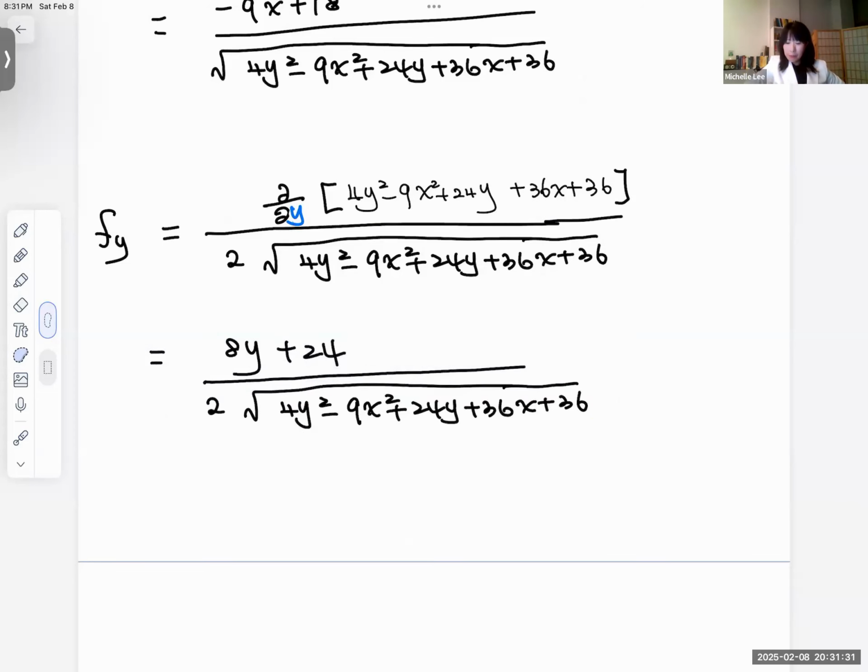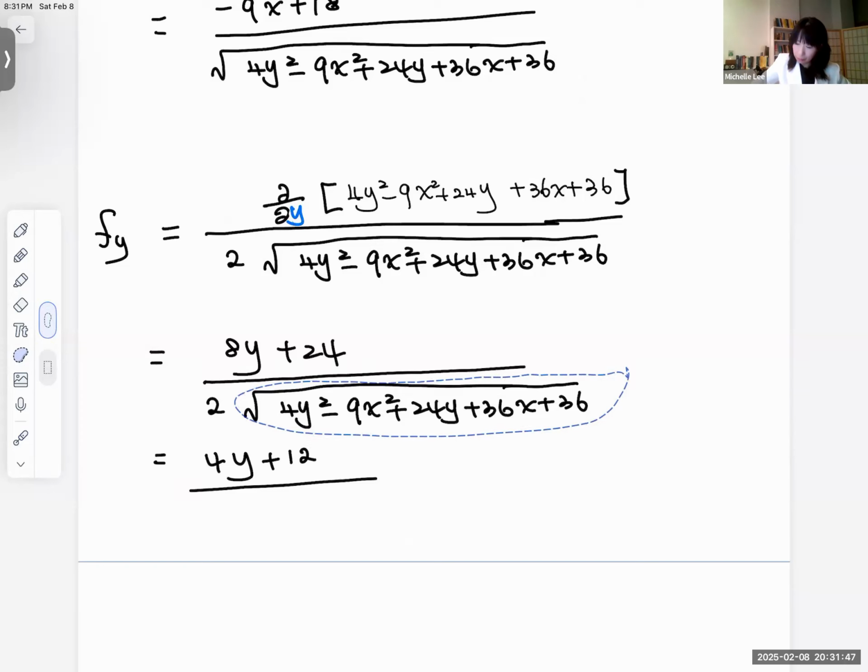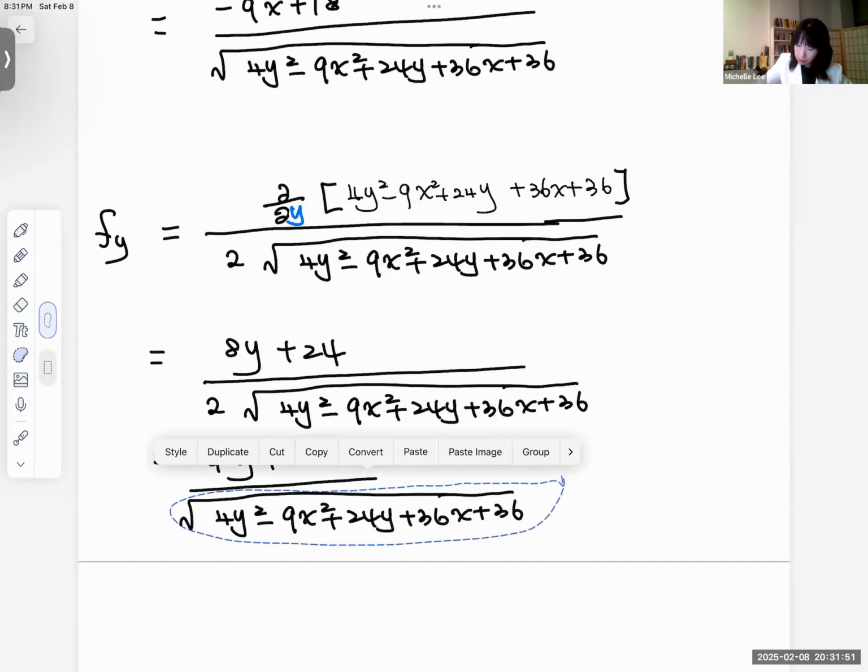Okay, so we can simplify with the 2, so that will be 4y plus 12 over this square root. Copy, paste.